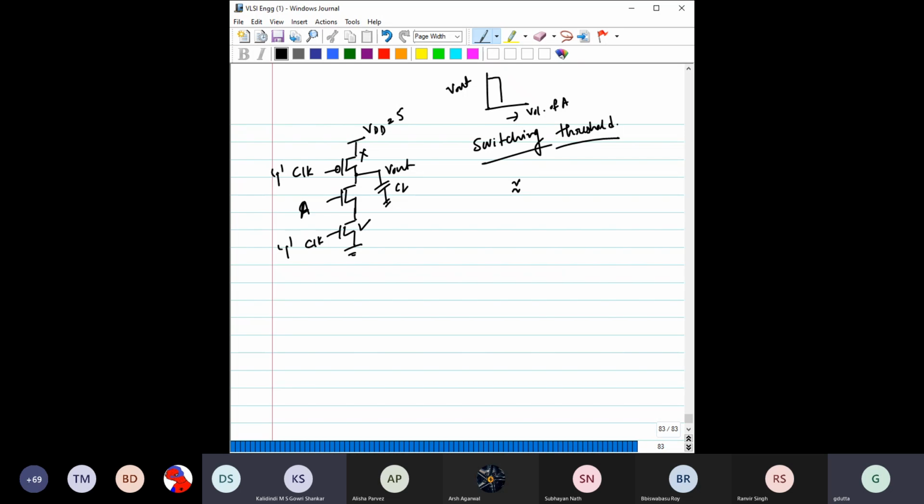So the switching threshold is near to VTHN. Okay, so if I then draw V out versus V in, say VDD is equal to 2.5 volt and VTHN is equal to 0.5 volt.